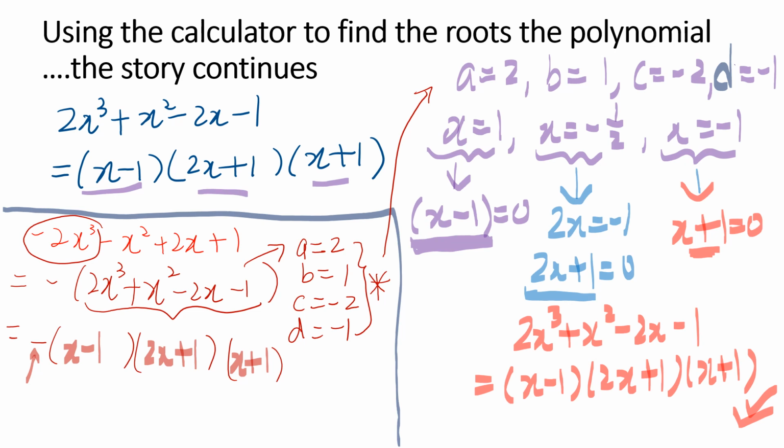Or if you do not want to factorize the negative out, then after getting your linear factors, just ensure that you have a negative there. So there's a difference between solving and factorizing. I hope I've explained it clearly enough for you to understand. If not, please check with me again.